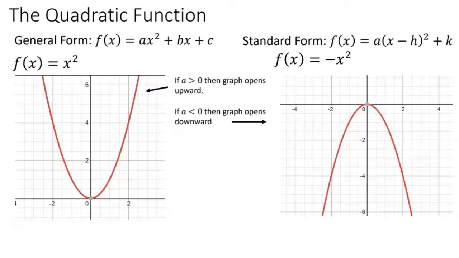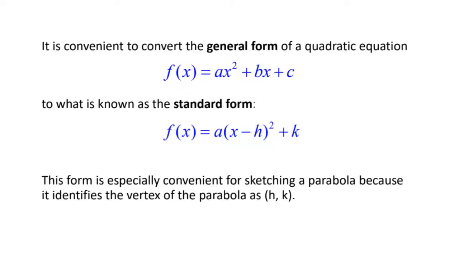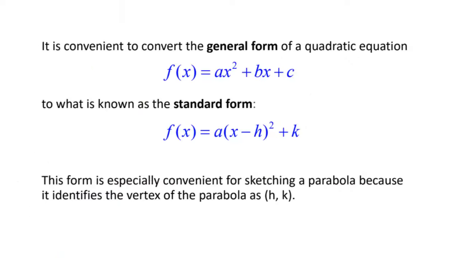Okay, let me go back, and I think I was here. Okay, so now that we have looked at what the graph of the quadratic functions looks like, we're going to go into a little bit more detail on graphing them and then converting the general form.